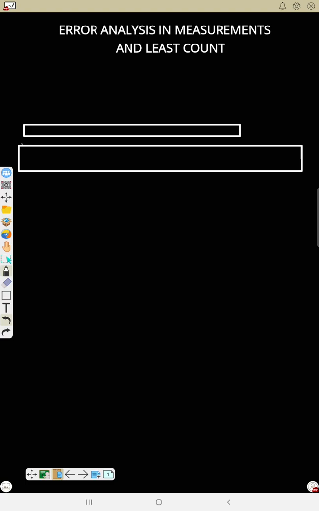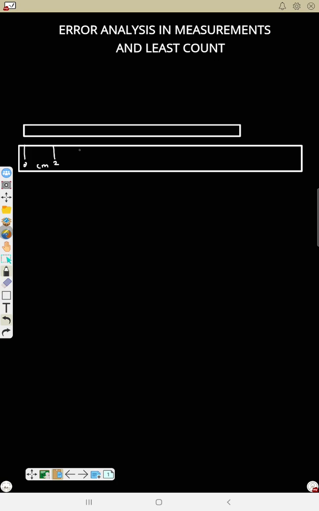Let's call this space 0. Let us use a centimeter scale on which only centimeter marks are there, meaning there is no calibration.